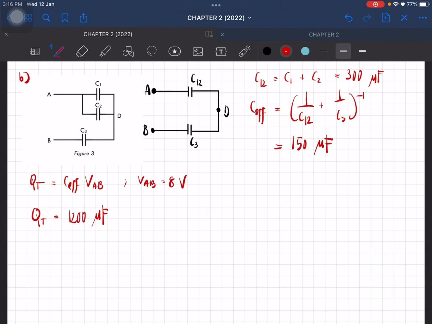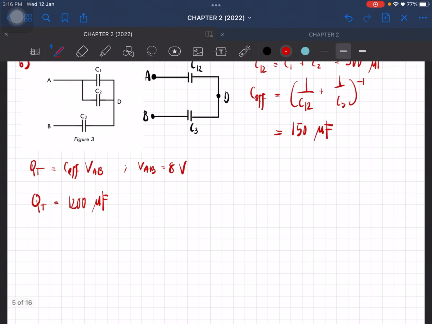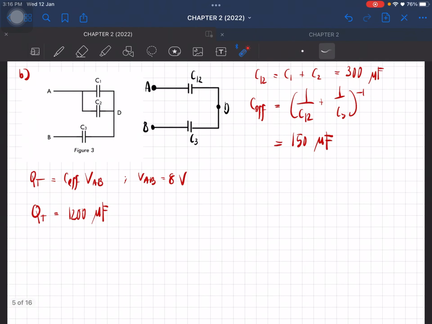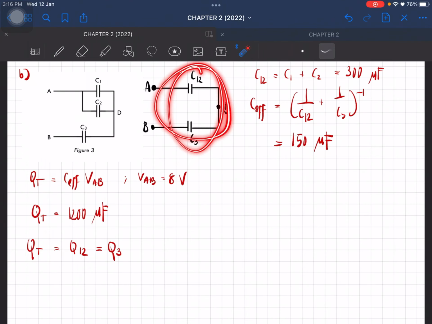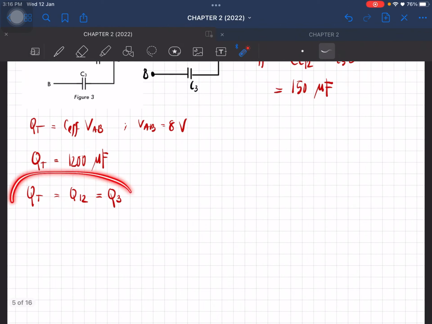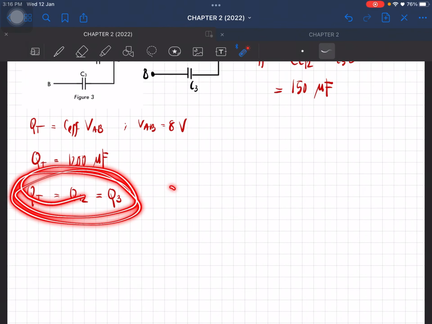Since C12 and C3 here are connected in series, the total charge is equal to the charge on each capacitor. You can understand because this is a series circuit, so the total charge is equal.